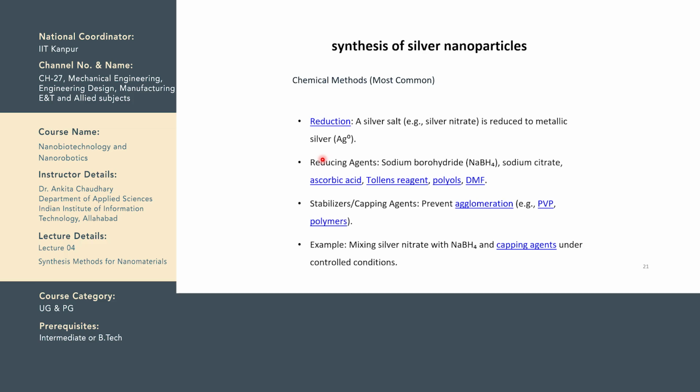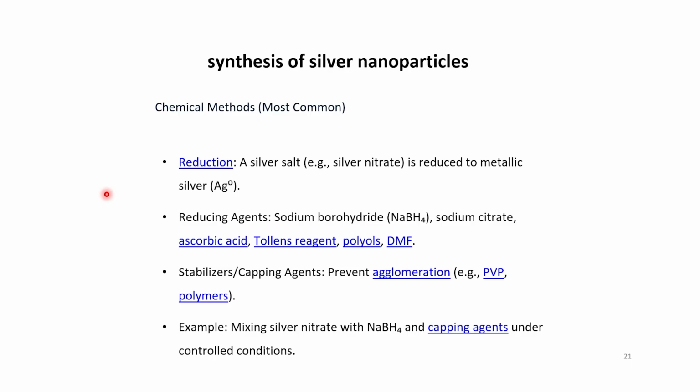We are using these agents for the reduction of the silver salt, and the silver salt is again reduced to metallic silver, a zero valent silver, like the zero valent gold when we were synthesizing gold nanoparticles. Then we use stabilizing or capping agents to prevent agglomeration. These capping agents are polymers like PVP.